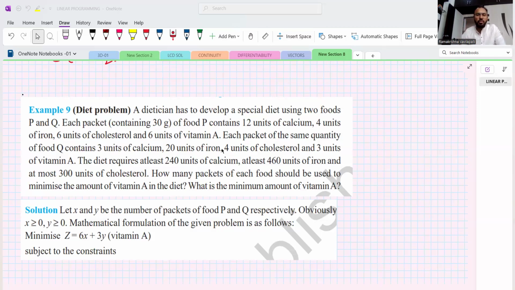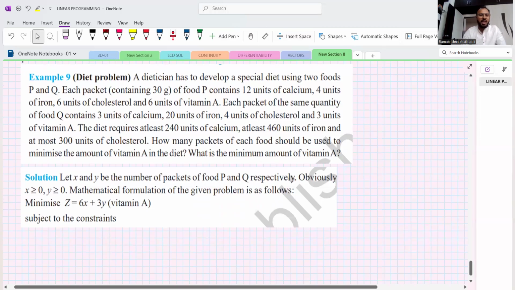Okay. So we have to include calcium, iron, cholesterol, and vitamin A. Let x and y be the number of packets of food P and Q respectively. Obviously, x is greater than or equal to 0 and y is greater than or equal to 0. Now the mathematical formulation of this problem.